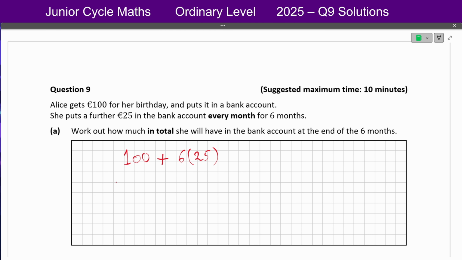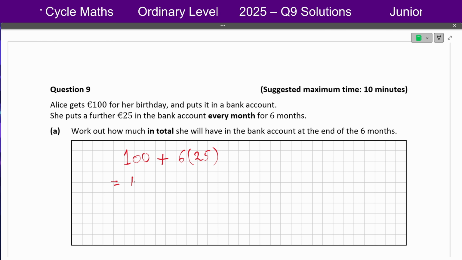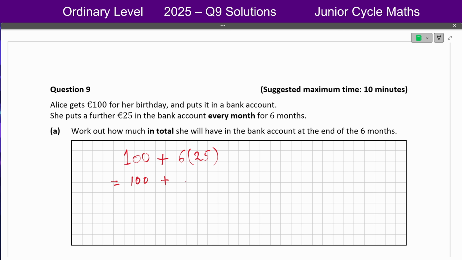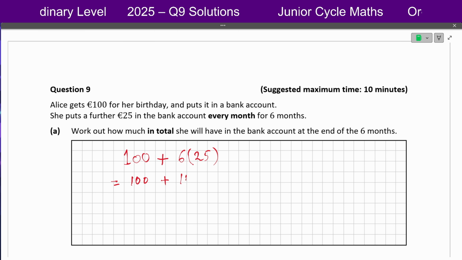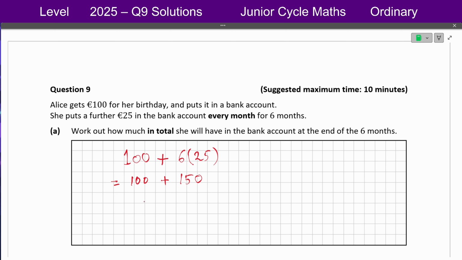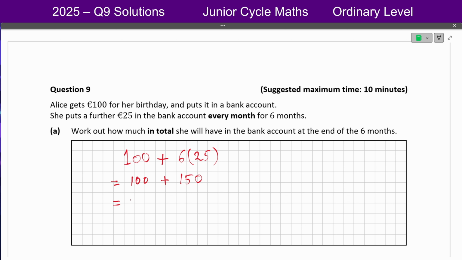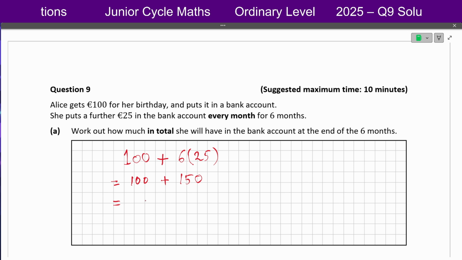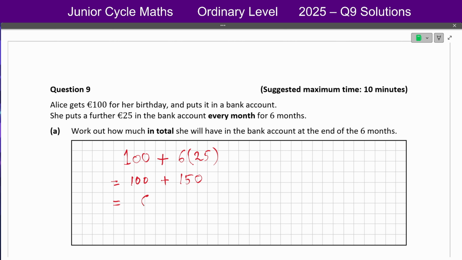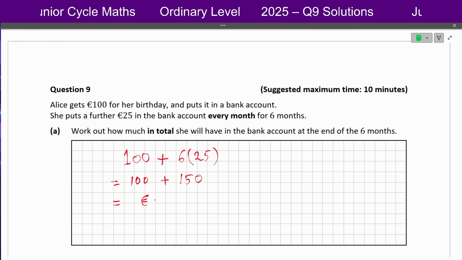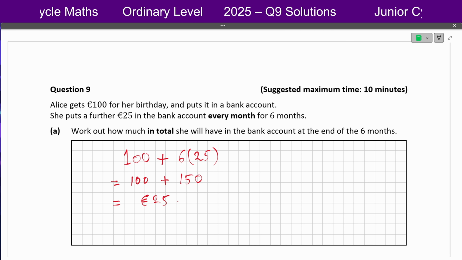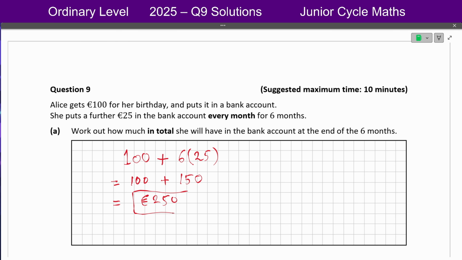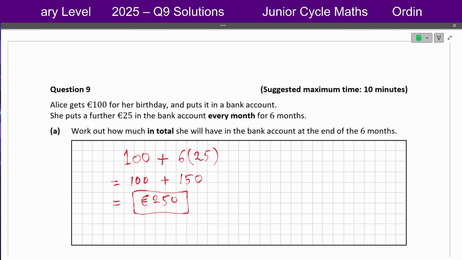We know this is 100, plus 6 times 25 is 150, and she will have at the end of the 6 months 250. You can say euro here: €250. So that's the correct answer for the first part.